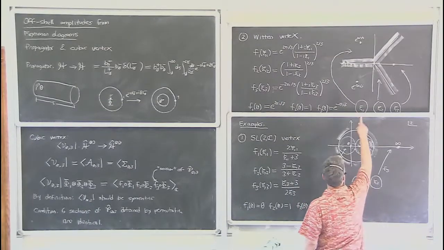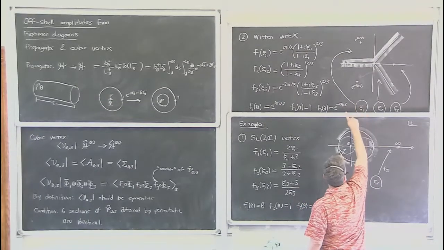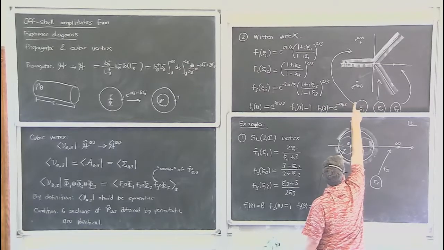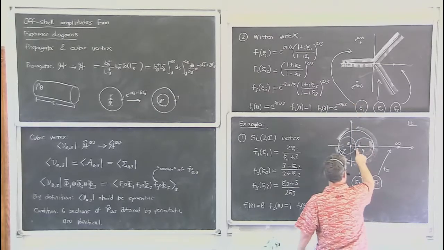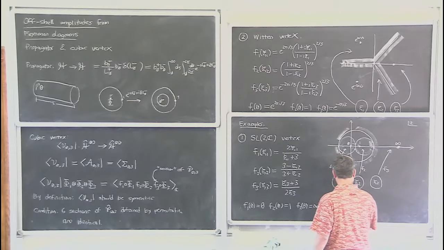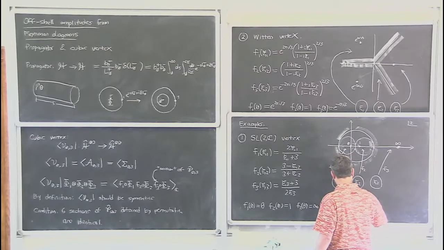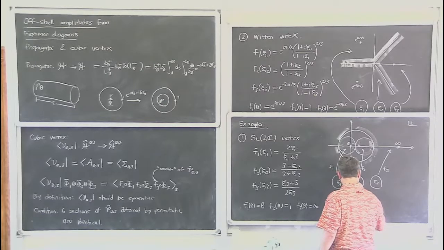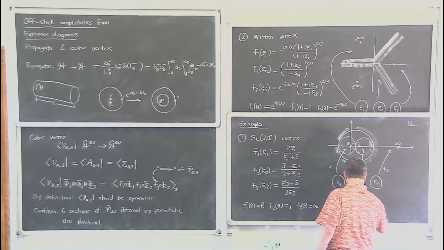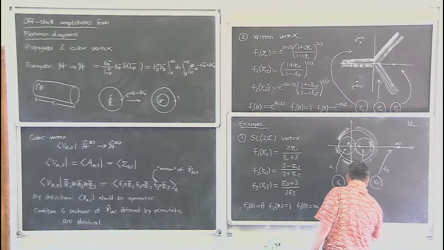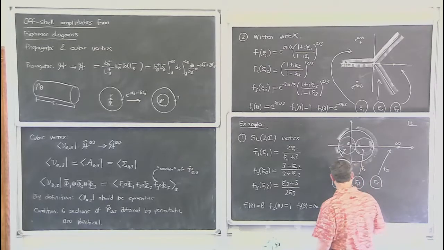But if you make an SL2C transformation to map these punctures into the canonical positions, you find that the analog of this picture for the Witten vertex looks kind of like this.